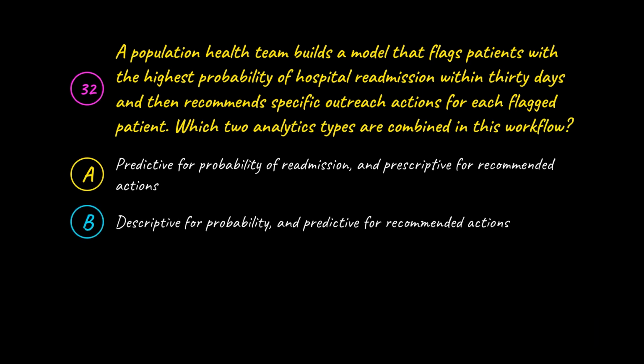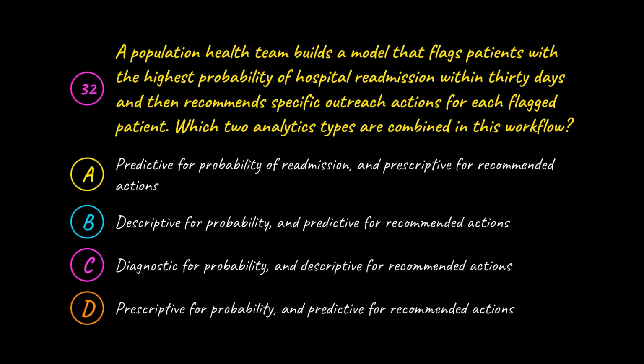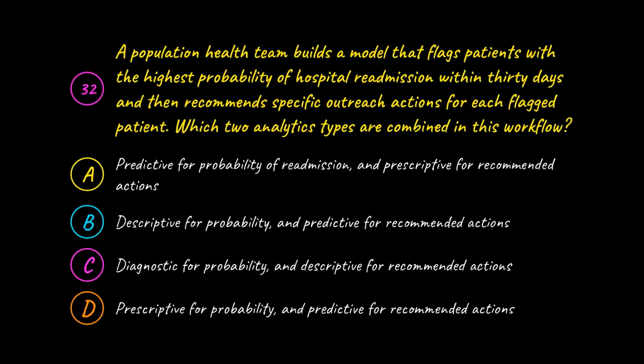B. Descriptive for probability and predictive for recommended actions. C. Diagnostic for probability and descriptive for recommended actions. D. Prescriptive for probability and predictive for recommended actions. Got a guess? Lock it in!